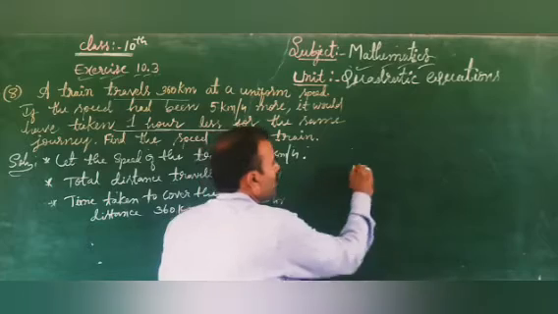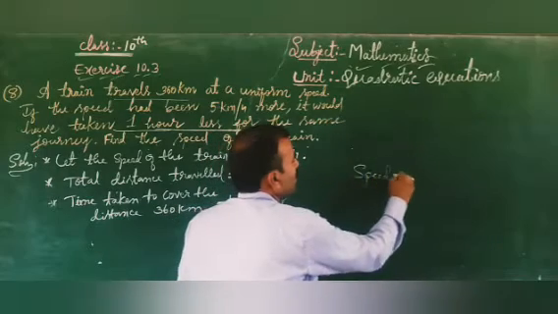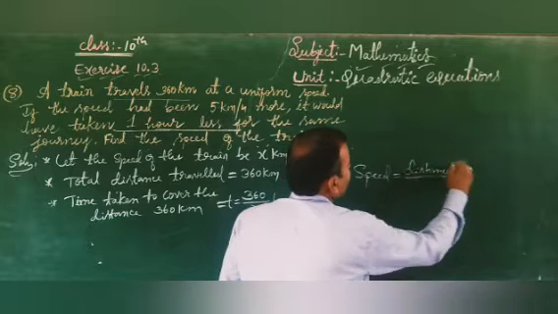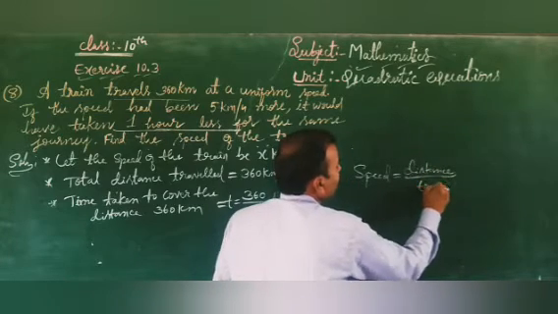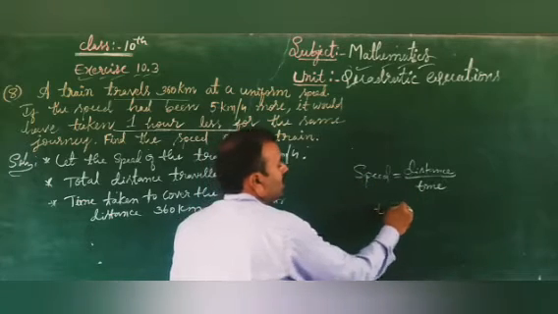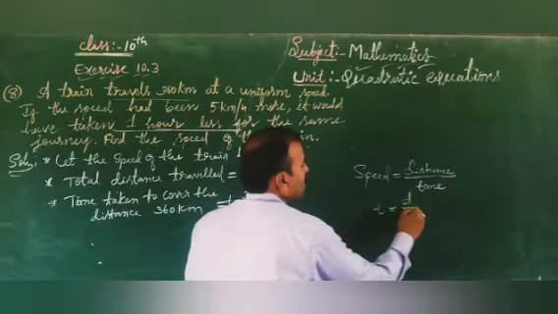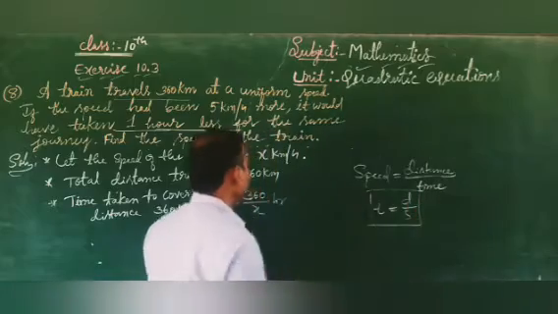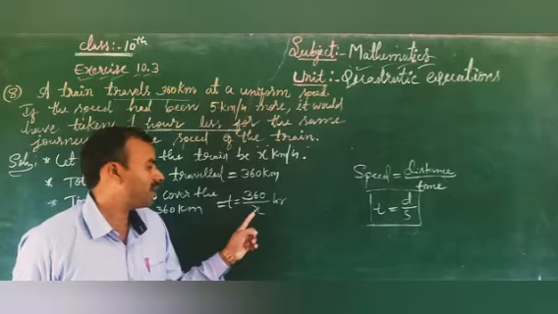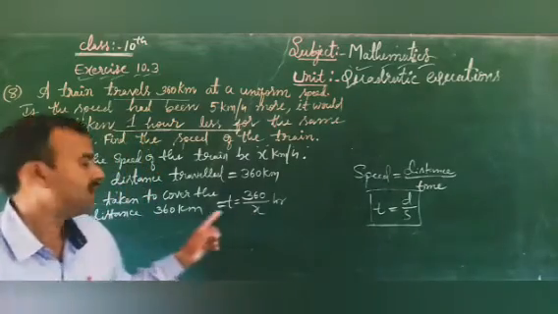We already showed the formula: speed is equal to distance traveled by time taken. Or we just change it here: t is equal to distance by speed. So t is equal to distance 360 and speed x.